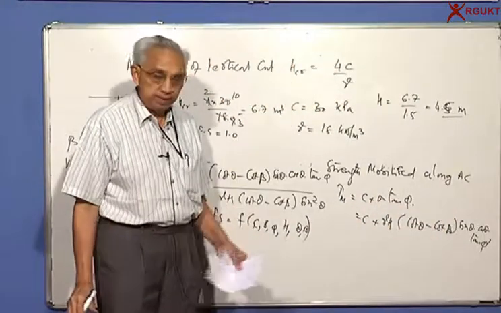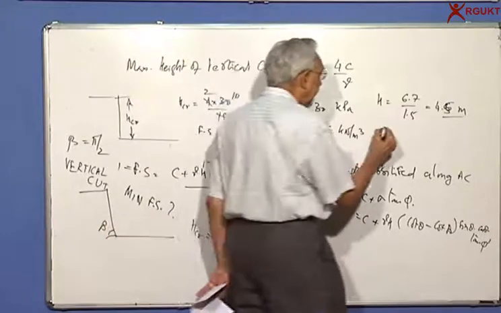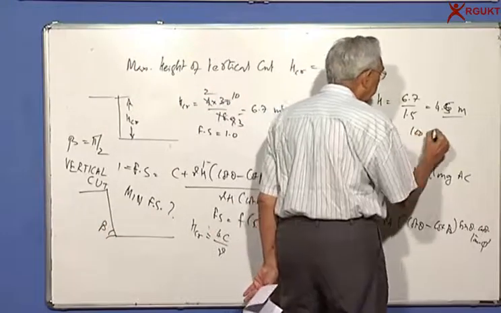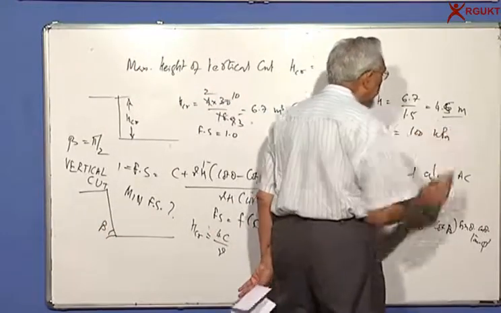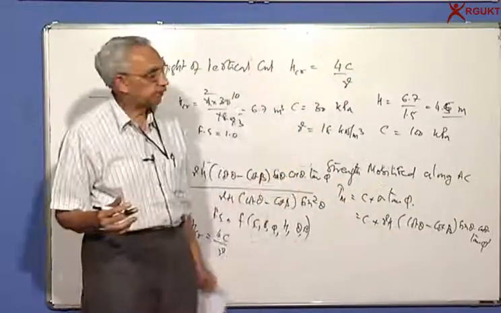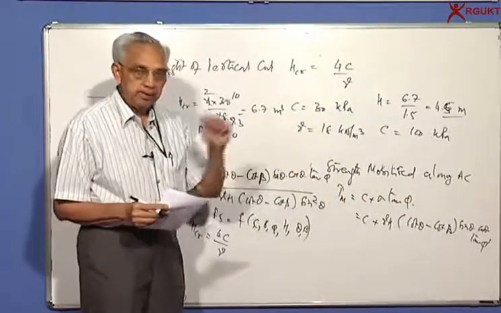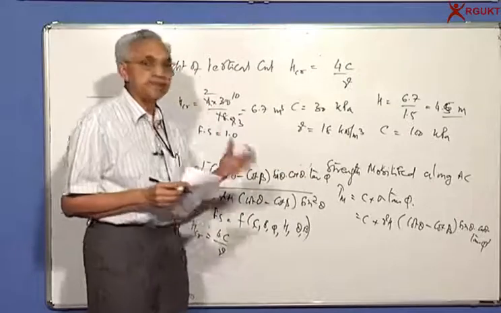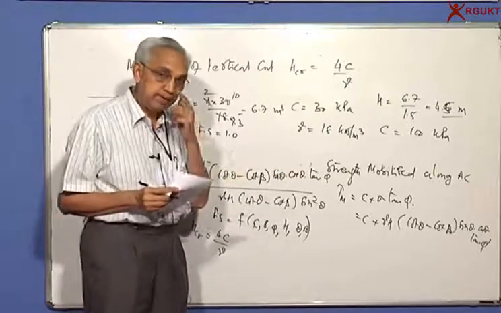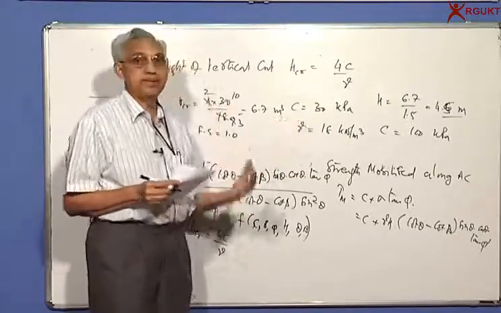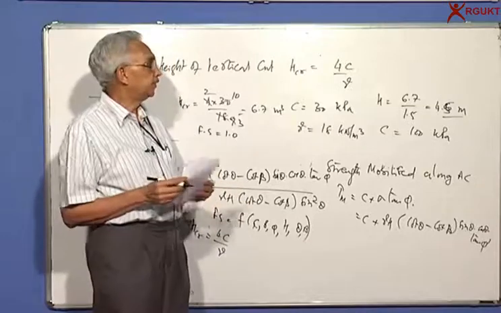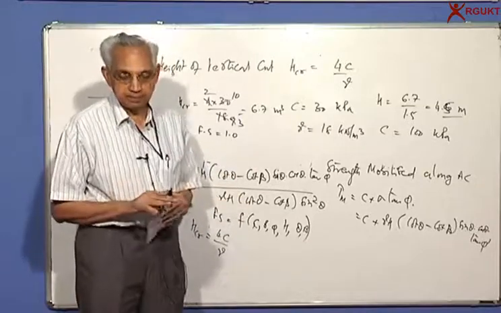Whereas in Hyderabad, you can get c of the order of even 100 kPa, which means you have no problem. Most of the time, the cuts can be very deep, provided there is no water. You know, we have derived in the last class that if it's saturated, the strength reduces and the factor of safety becomes very small.